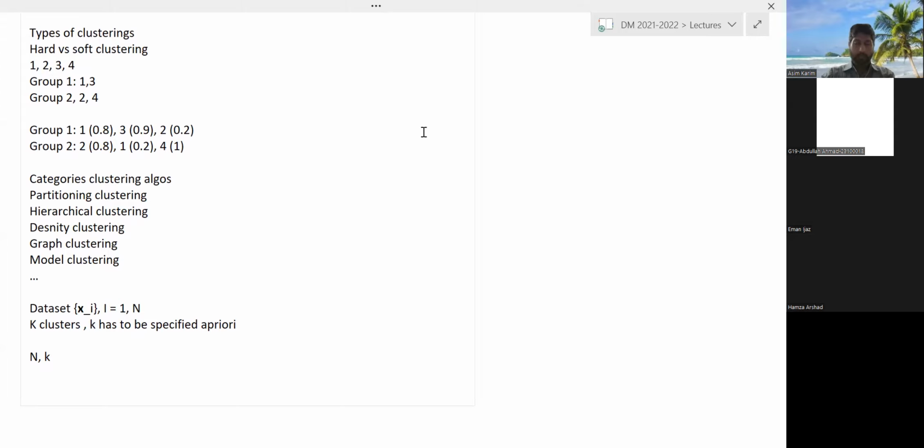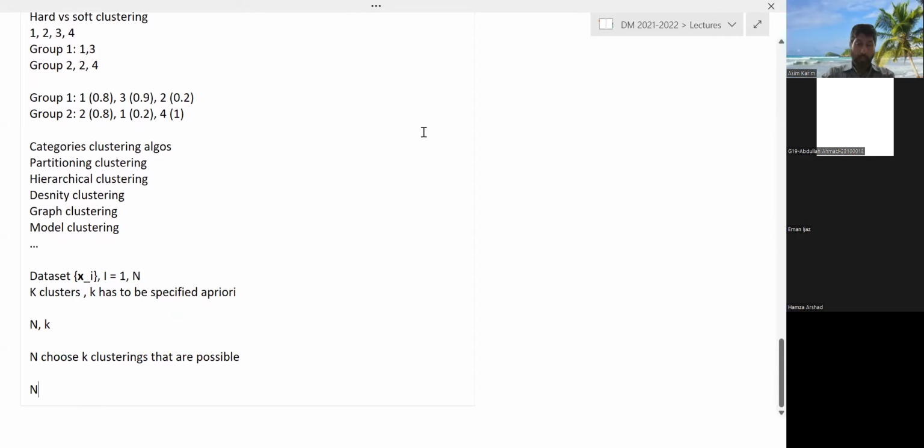I think you probably have n choose k clusterings that are possible. n choose k would typically be a large number because n is very large.